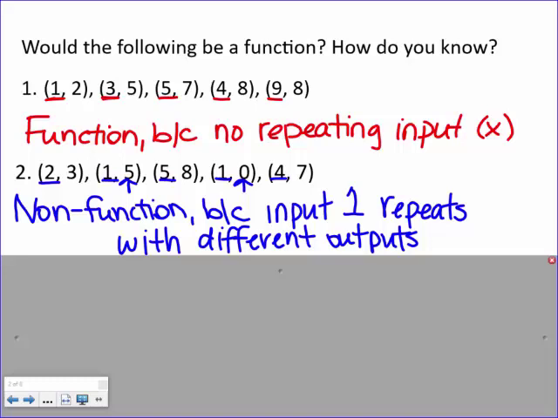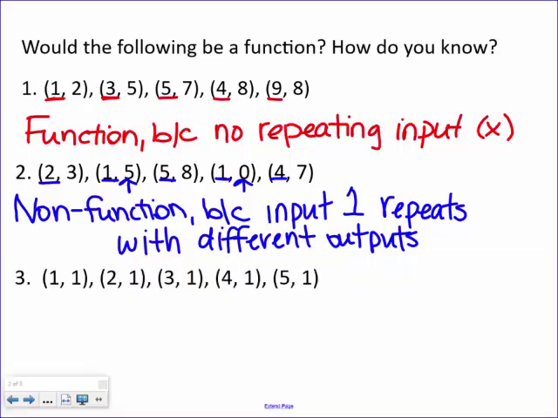Does everybody understand that one? Yes. Okay, try this one on your own.